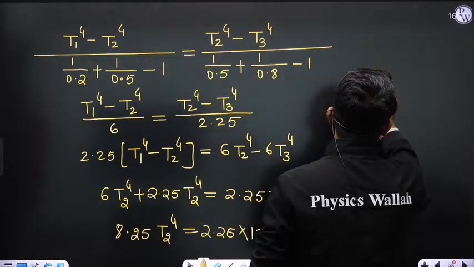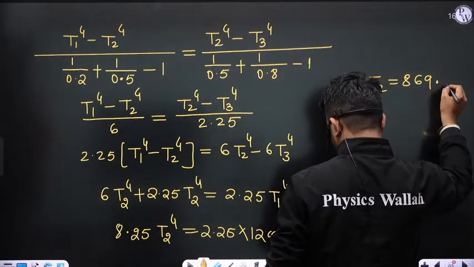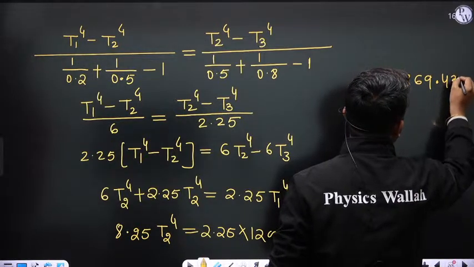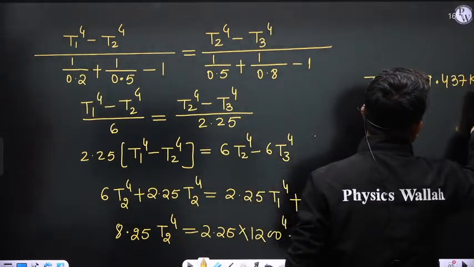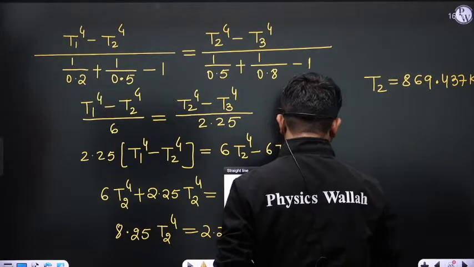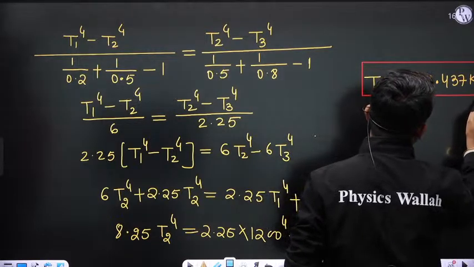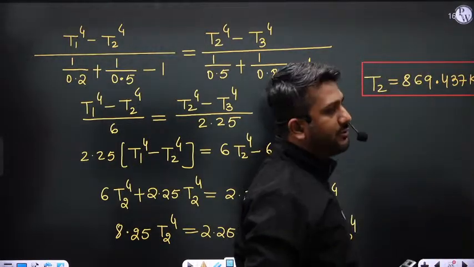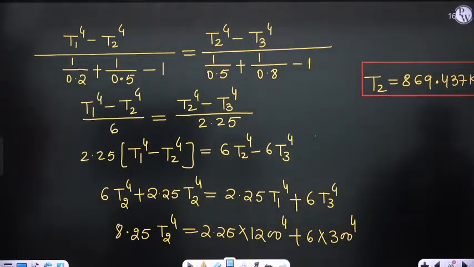What is the T2? The T2 is 869.437 Kelvin. This is the T2.